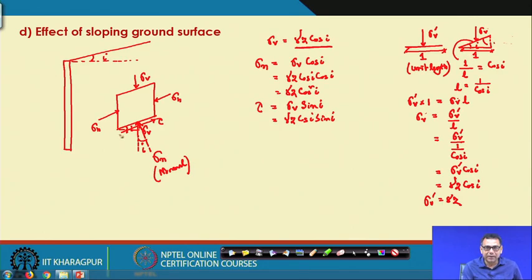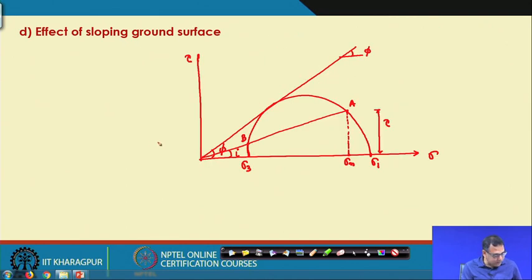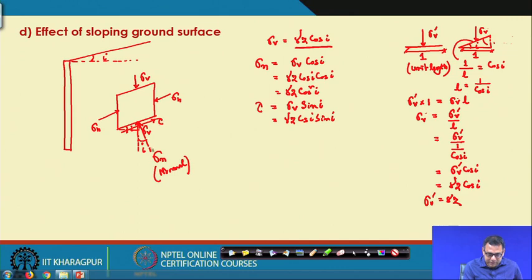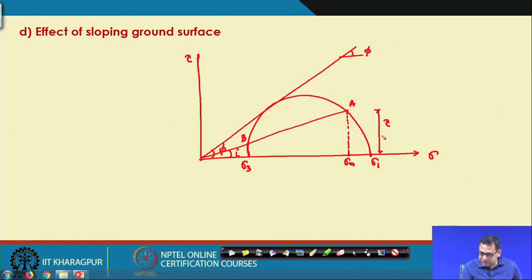It is also making an angle i. So in this plane there is this shear stress and the normal stress. Here also, this is the shear stress and this is the normal stress of this plane or this point.